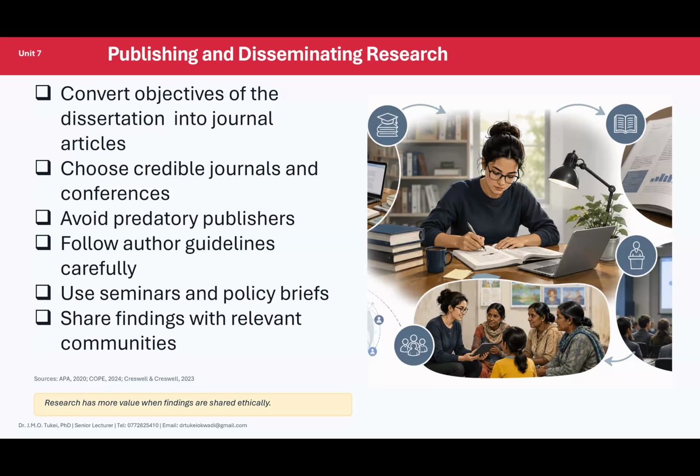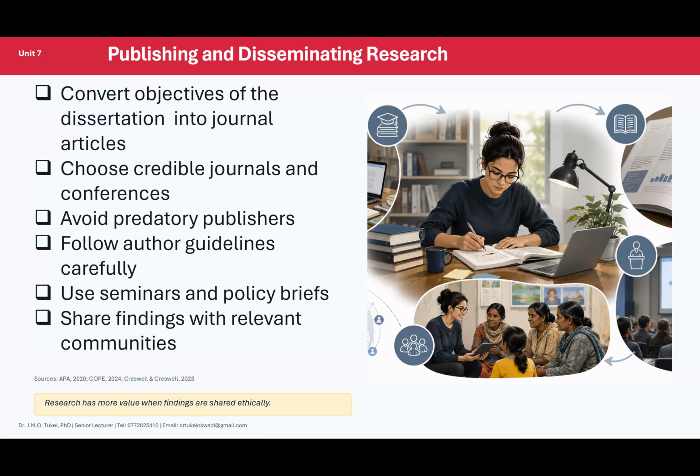So dissemination also means communicating findings in accessible language to practitioners, policymakers, and also communities who can use them. Very important. I wanted to ask a question practically.